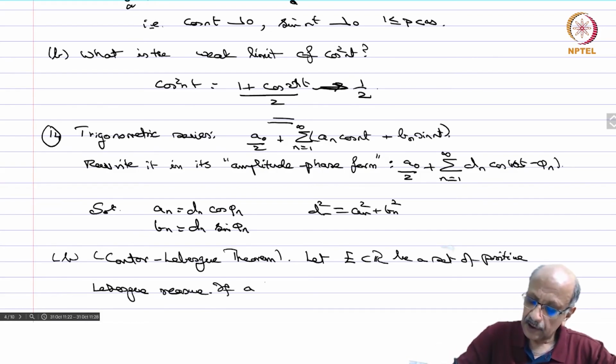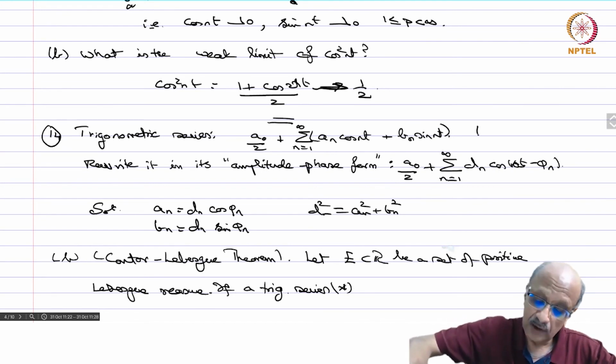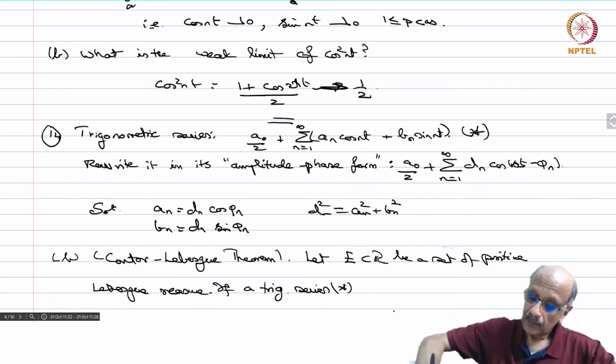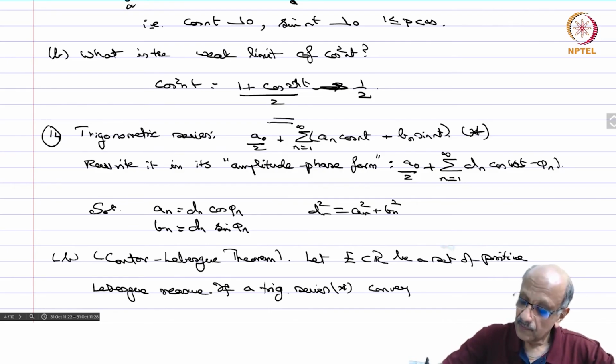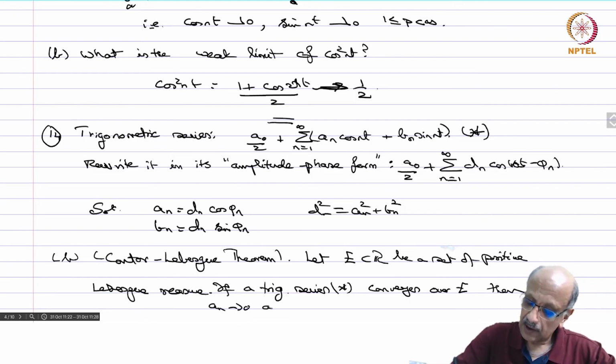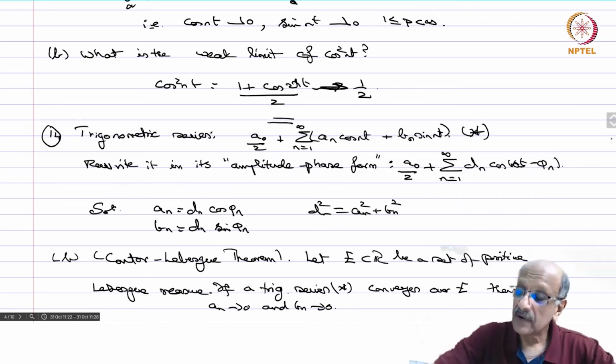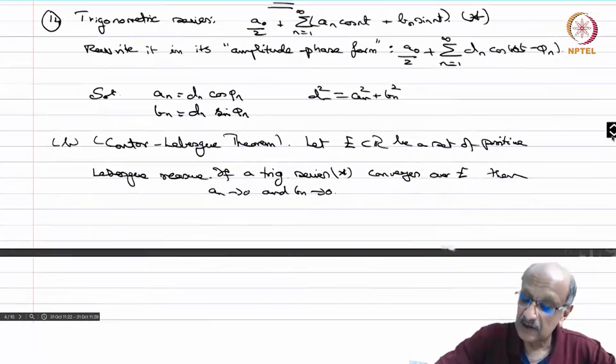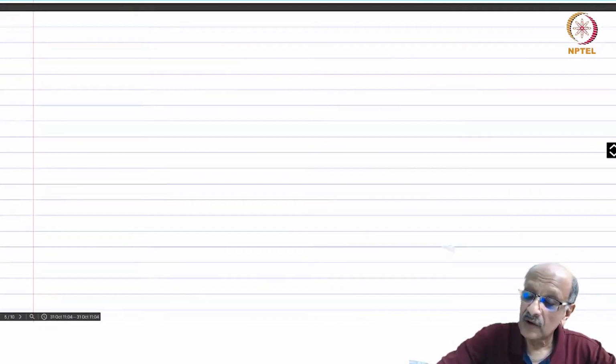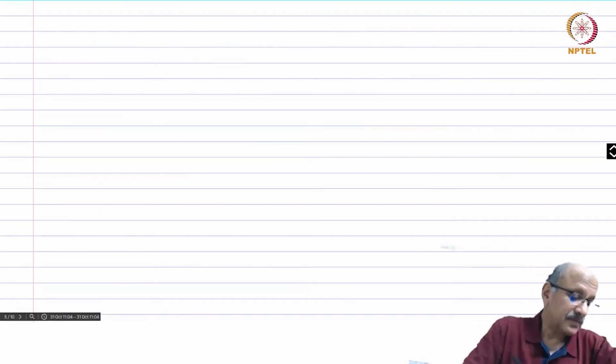If a trigonometric series star, so star is this one, converges over E, that means at every point in E it converges, then a_n goes to 0 and b_n goes to 0. So the coefficients of the trigonometric series have to go to 0. That's a necessary condition for the convergence on a set of positive measure.